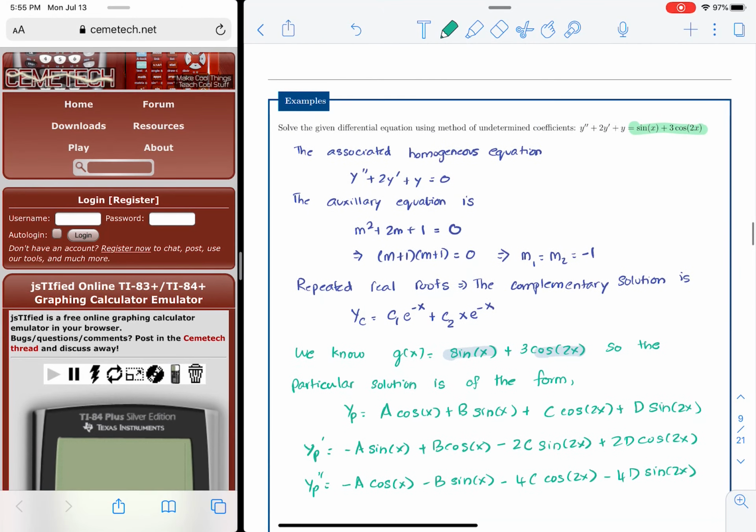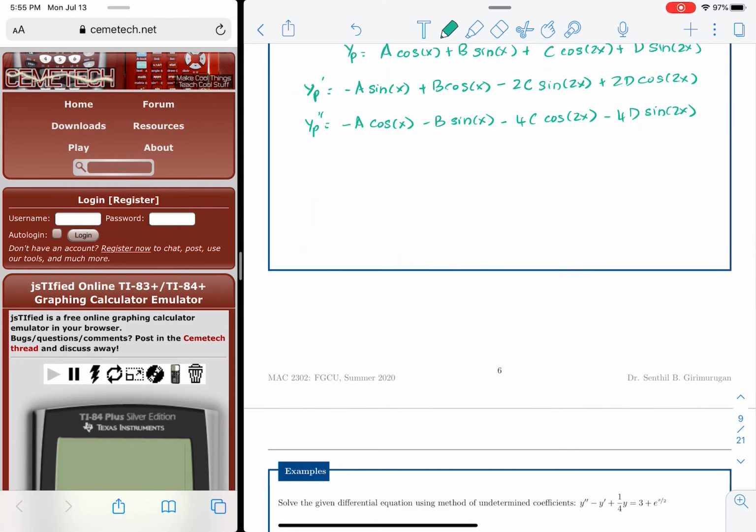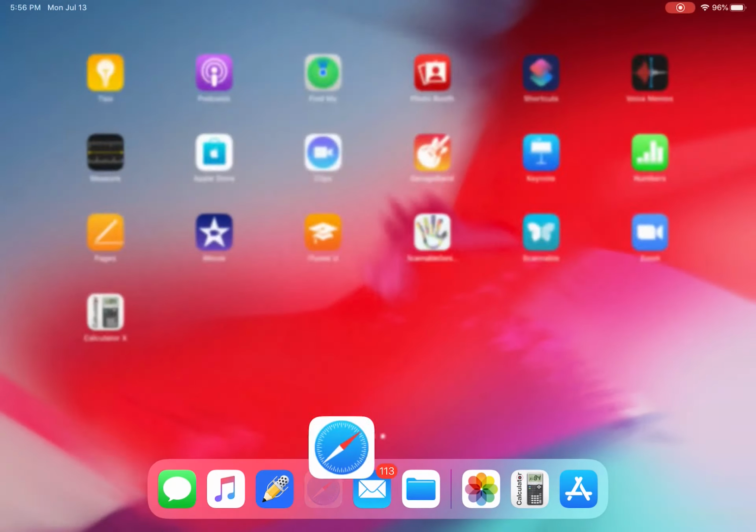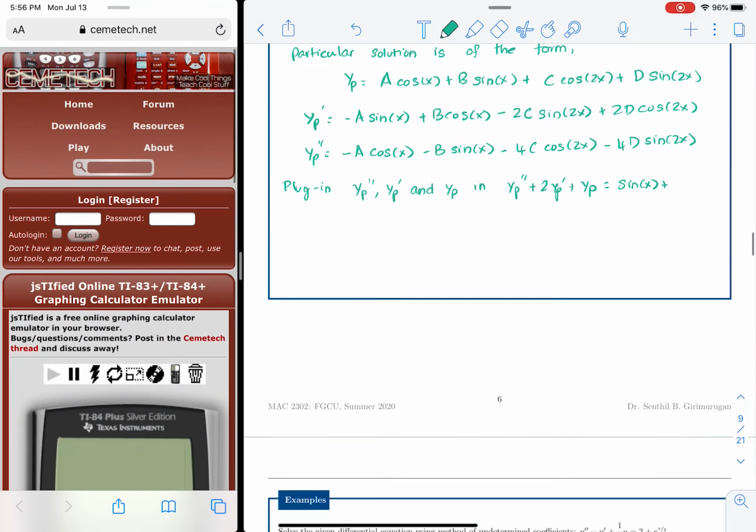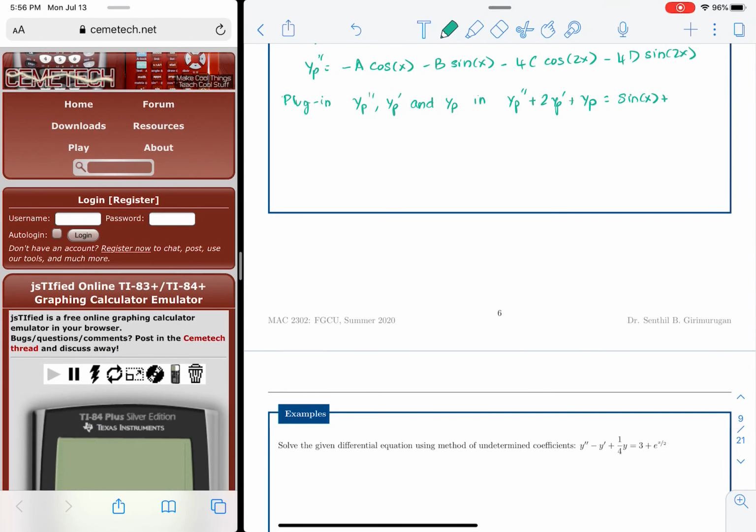Now we plug yp prime and yp double prime into the original DE: yp double prime plus 2 yp prime plus yp equals sine x plus 3 cosine 2x.